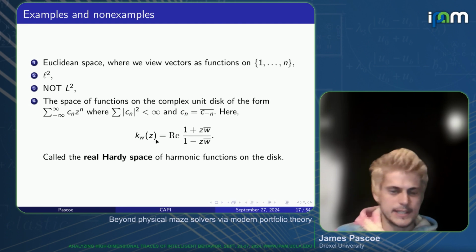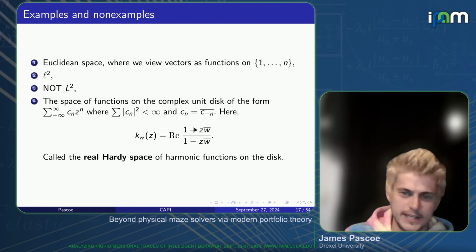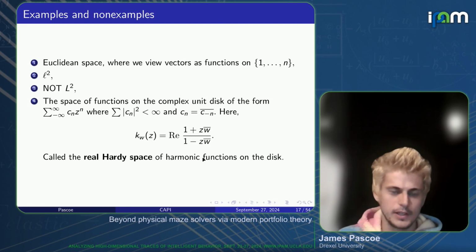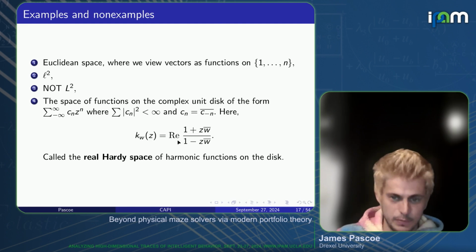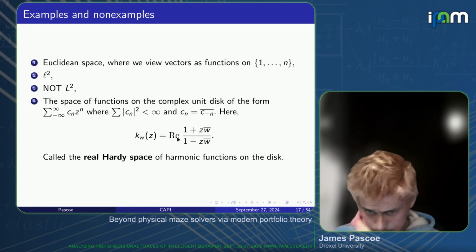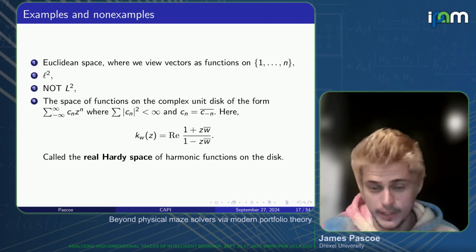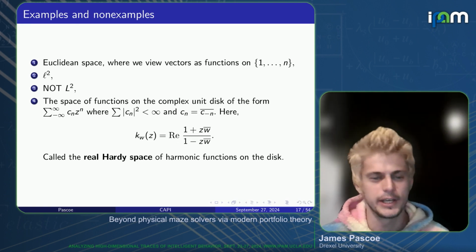Then I can define this kernel function kw of z as this, and this is called the real Hardy space. So this is a very convenient kernel to deal with that's been very well studied. It's even more well studied without this real part, but it's an example that we're going to use a little later.